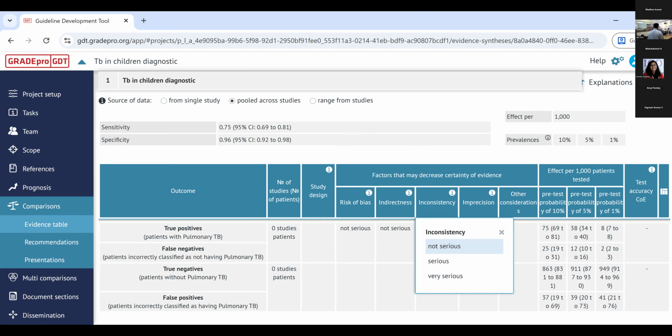Suppose the test characteristics are different from what has been used in the previous studies, that will also amount to it. Even in terms of reference standard, suppose the reference standard that we use in our setting is different from what has been used in the studies. So any of the components of the PICO or the PRT will account for indirectness.